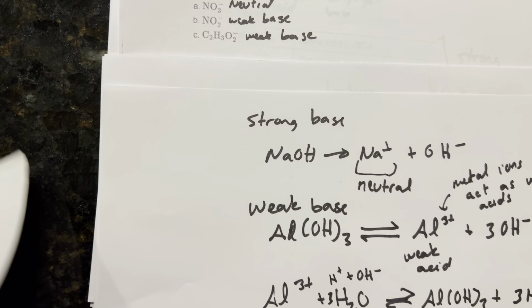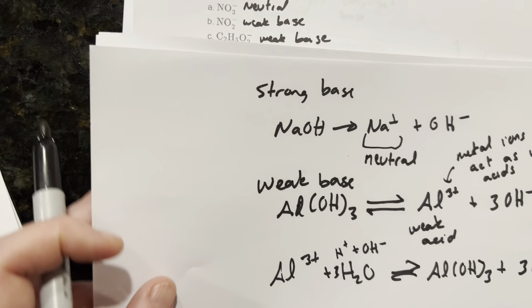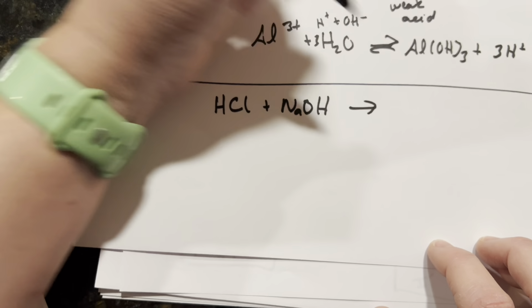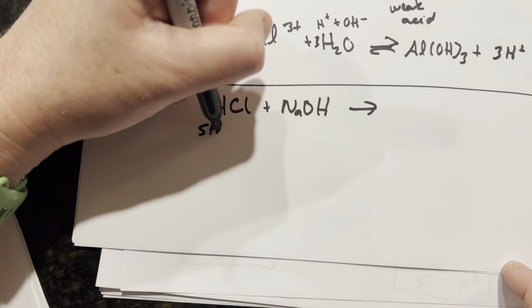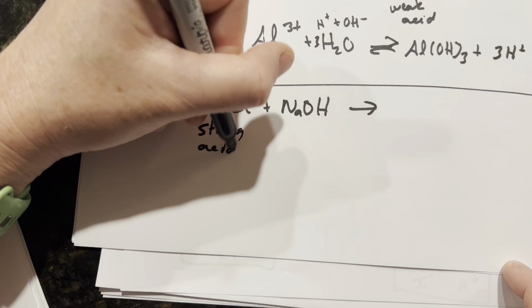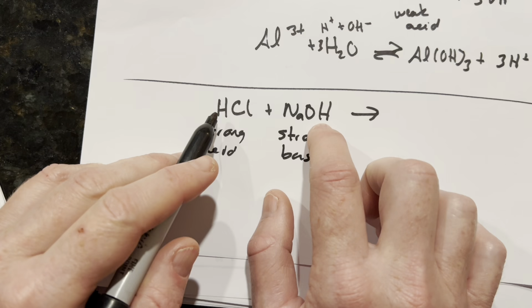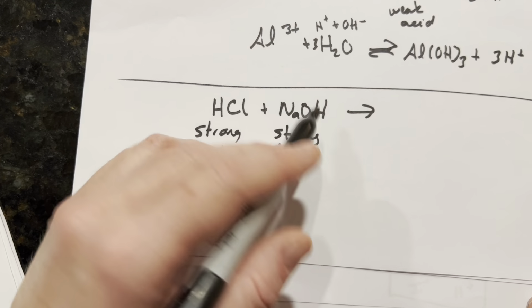All right, now let's look at salts. Salts are when you put 2 different kinds of ions together. Maybe before I get there, I'll give you an example. If you have a strong acid, HCl plus NaOH, a strong acid and a strong base, and you react them together, H plus, this guy's giving off an H plus to that OH minus.